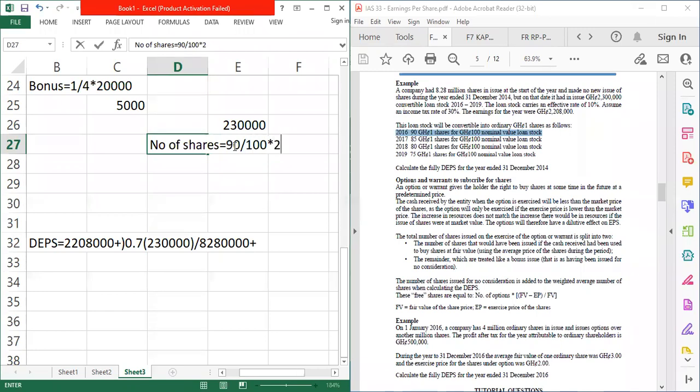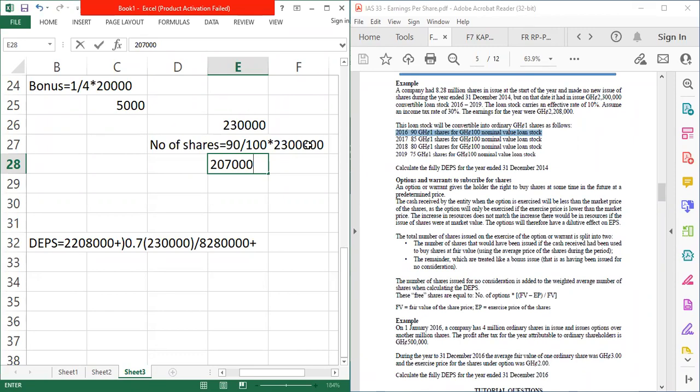So it will be 90 over 100 times 2.3 million, which is 230,000. And that will give us how many shares? 207,000. No, the figure is 2,300,000, so it's 2,070,000.